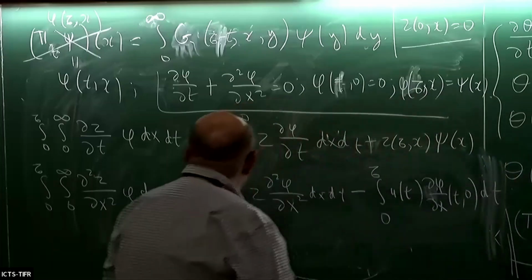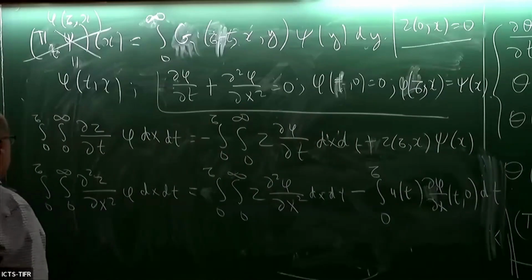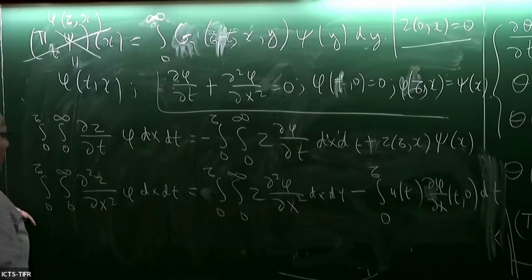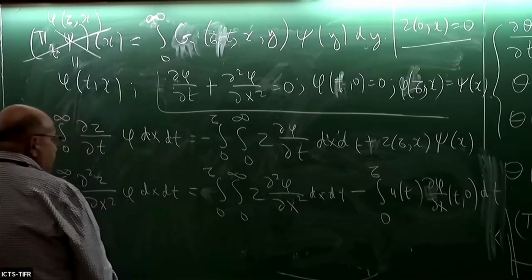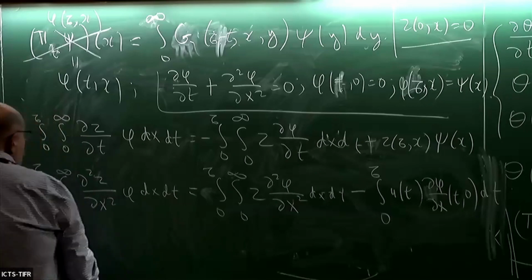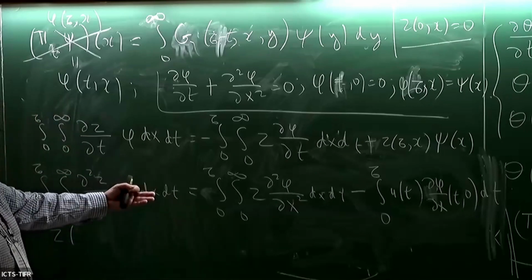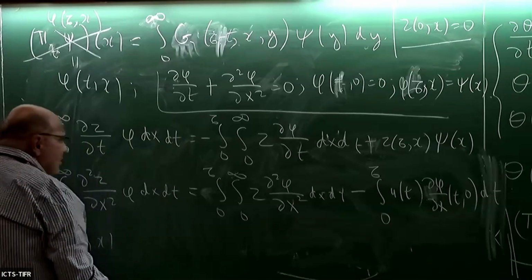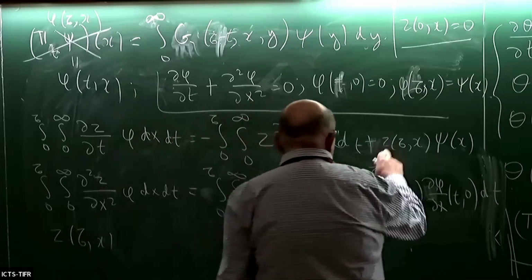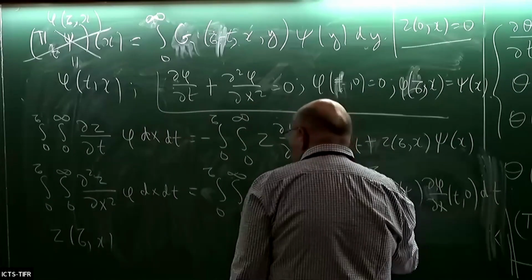And now, if I do the difference between the two, the left-hand side is vanishing. And I will get that z of tau and x, it is with the sign plus, no? This plus this is equal to 0.